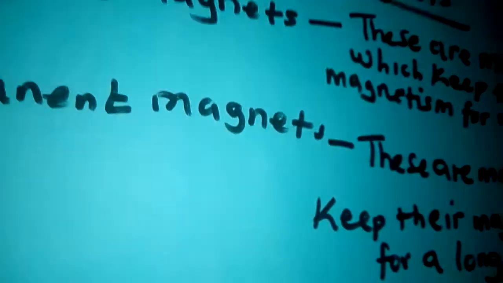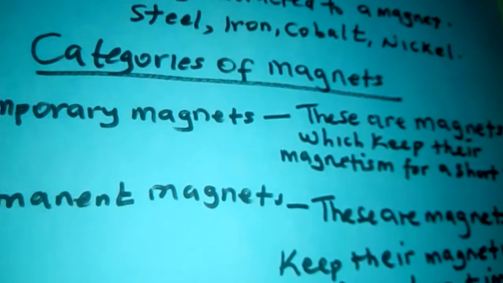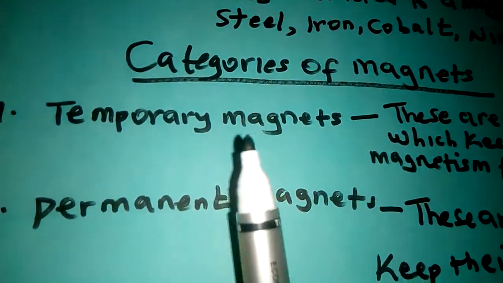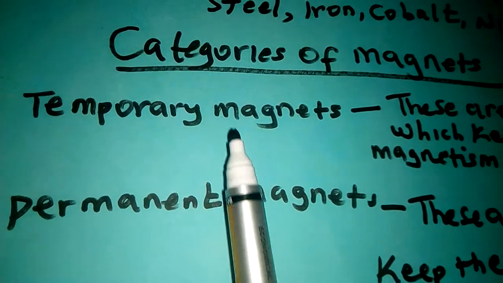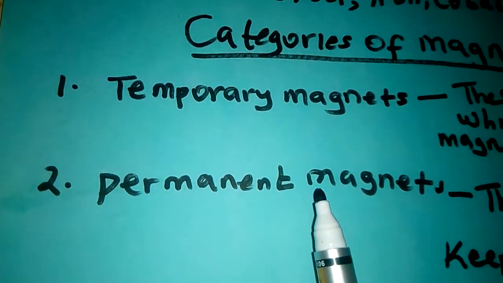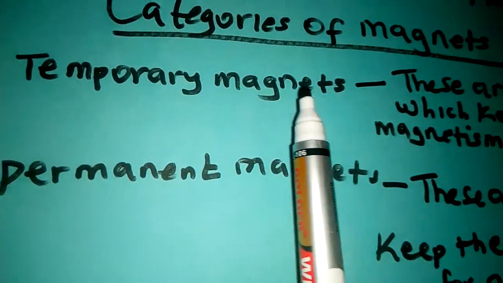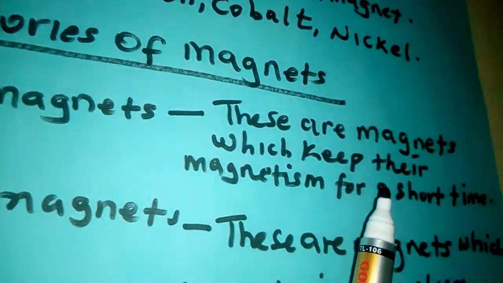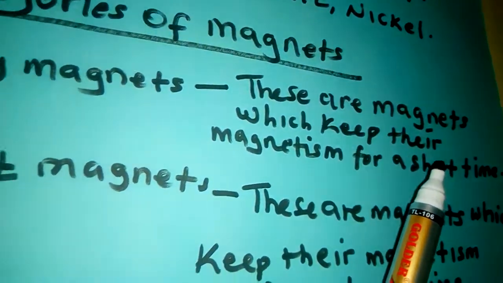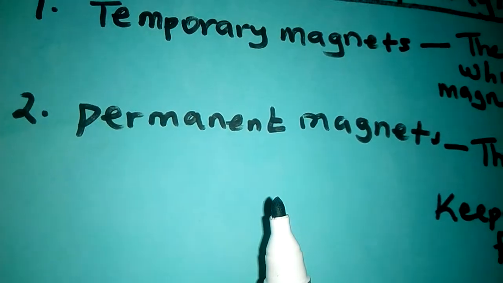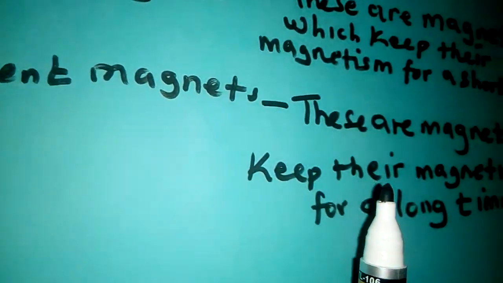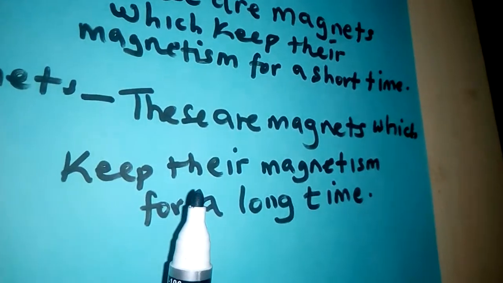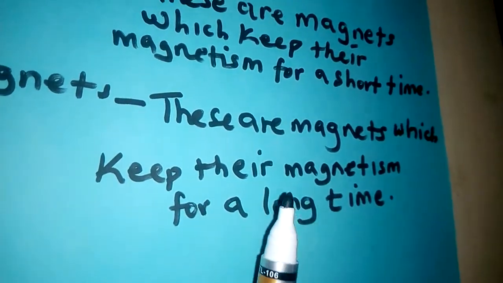So we have categories of magnets. We said we have temporary magnets and permanent magnets. Temporary magnets are those magnets that keep their magnetism for a short time, while permanent magnets are those magnets which keep their magnetism for a long time.